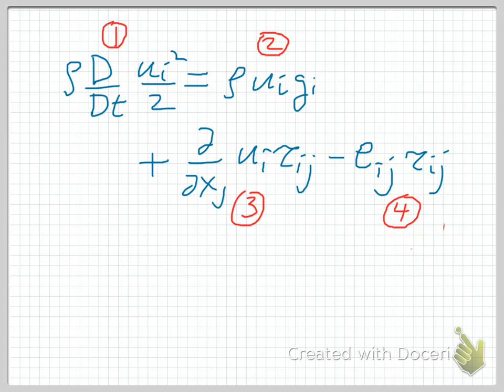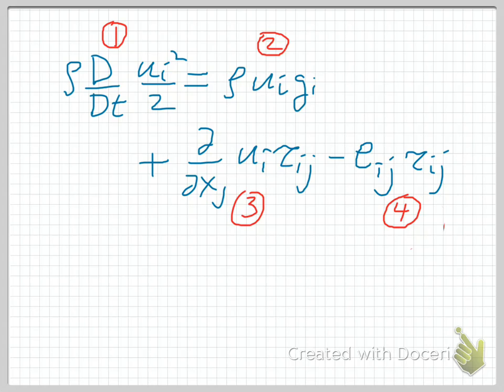So gathering everything up, we've got a kinetic energy equation. It says the density times material derivative of u_i squared over 2 is equal to the gravity term and then this gradient term minus strain times stress. And we're going to label those terms 1, 2, 3, and 4.